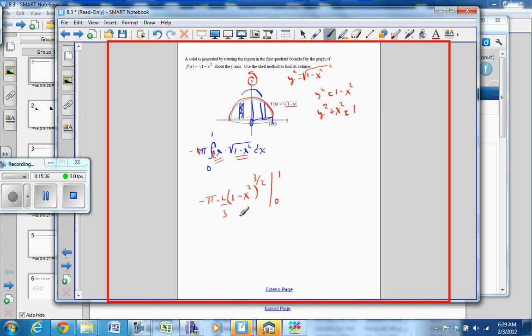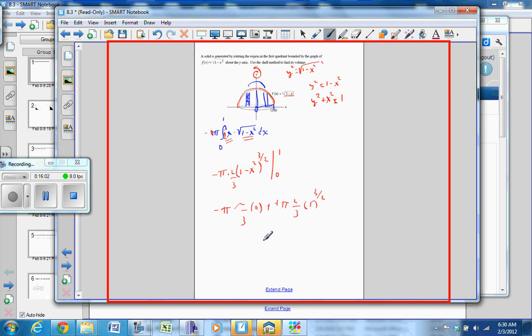So when we plug things in, we're going to get negative pi times 2/3 times 0 minus pi times 2/3 times 1 to the 3/2. The minus and the minus will go away. And we get left with just 2 pi over 3 as my volume.